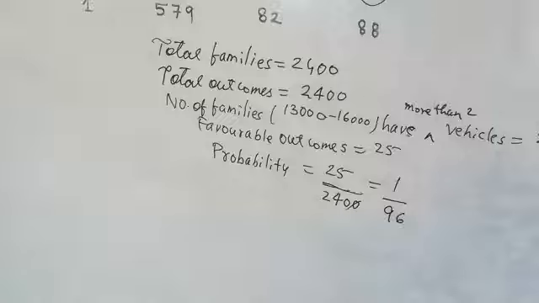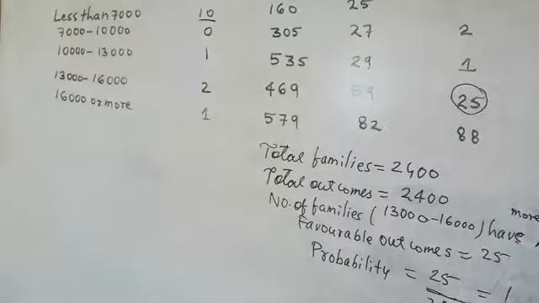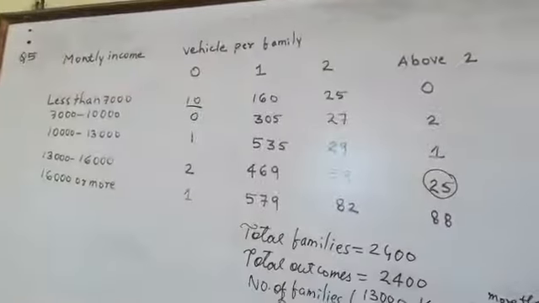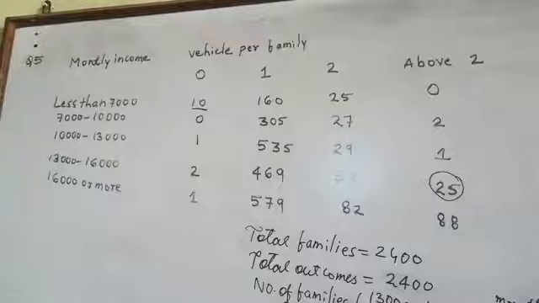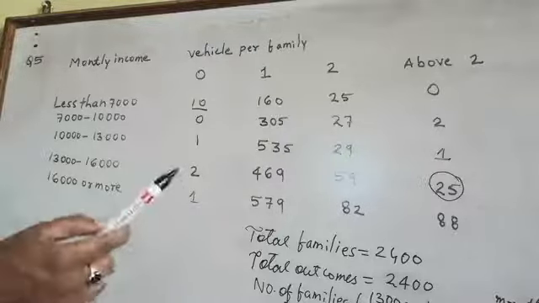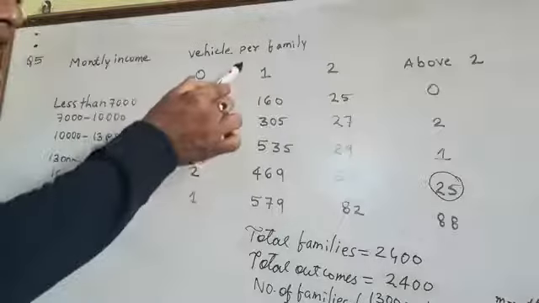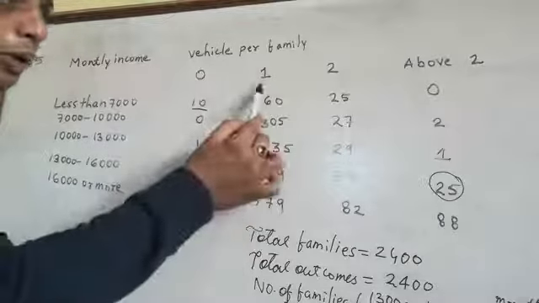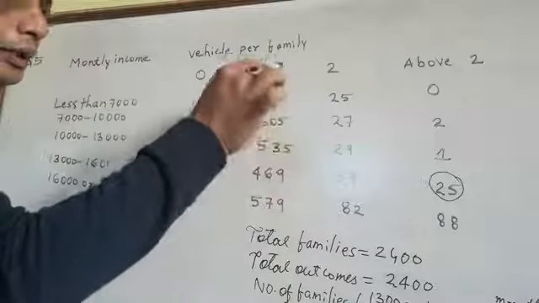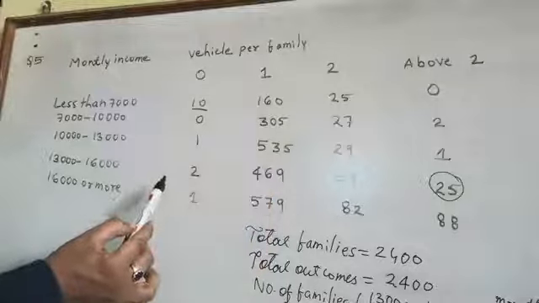Now the last question is a lengthy type of question. We have to find the number of families not having more than one vehicle. Now, what is asked in the question? How many families do not have more than one vehicle? Not more than one vehicle means they can have zero vehicles or one vehicle.